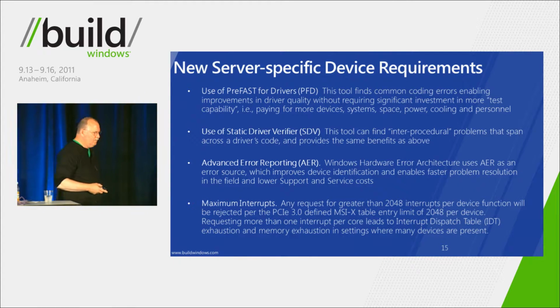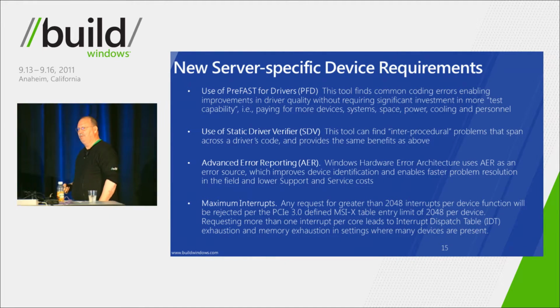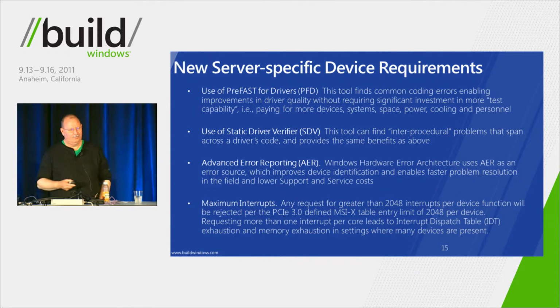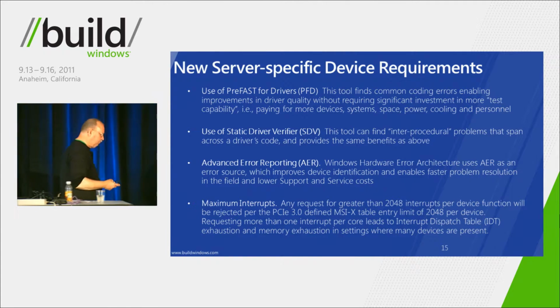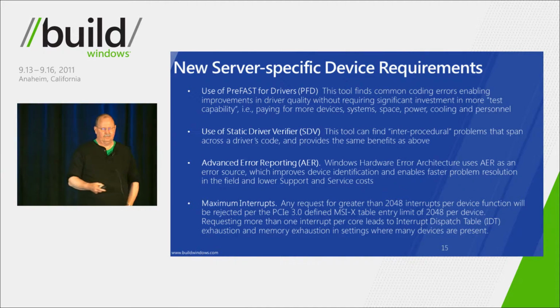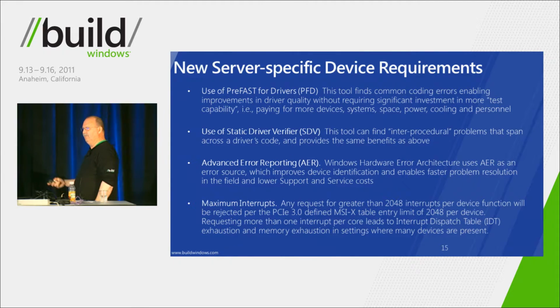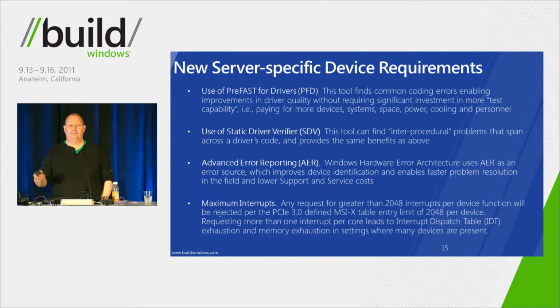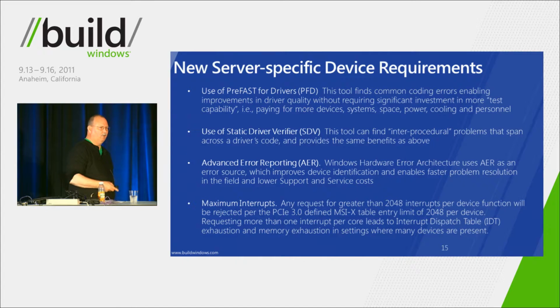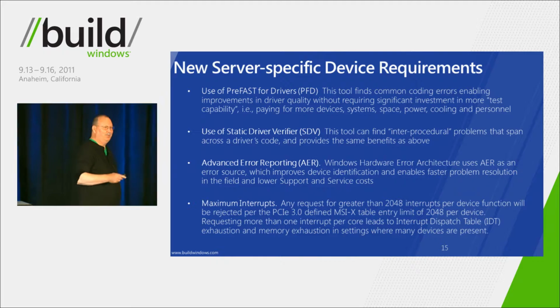Finally, remember I was talking about those really large computers with lots of slots in them, lots of processors and lots of logical processors. If you have some sort of device, network device, storage device, whatever it is, and you've got multiple functions in that device and you decide to set aside one interrupt per function, per core, per processor, then very quickly you're going to run out of the IDT, right?